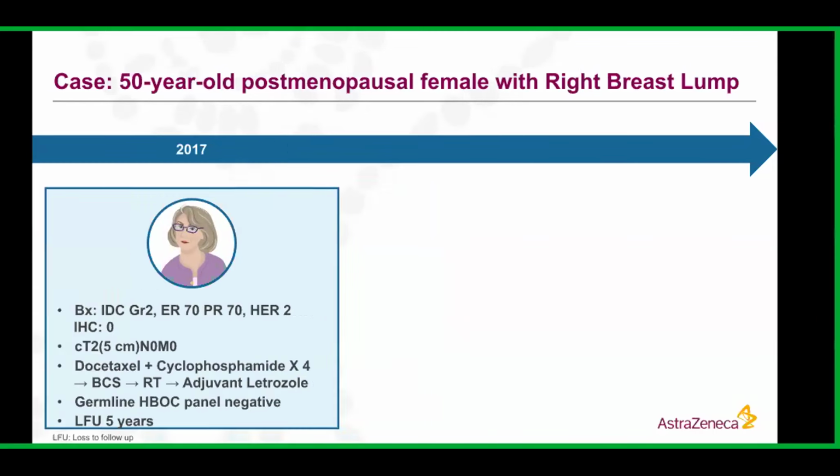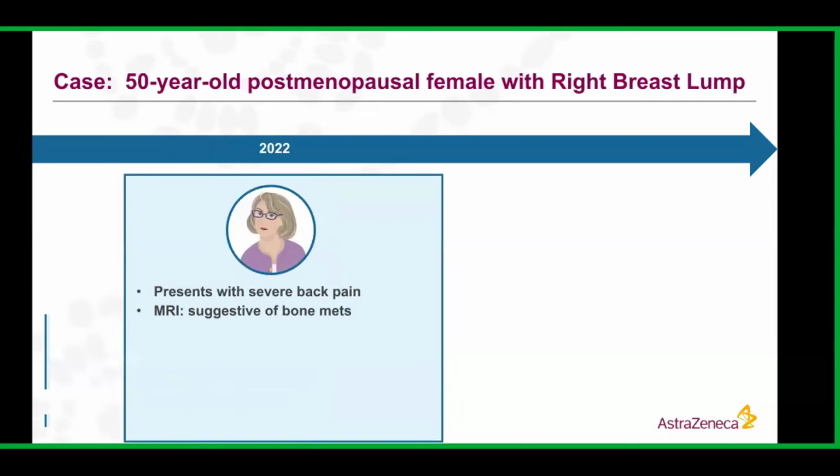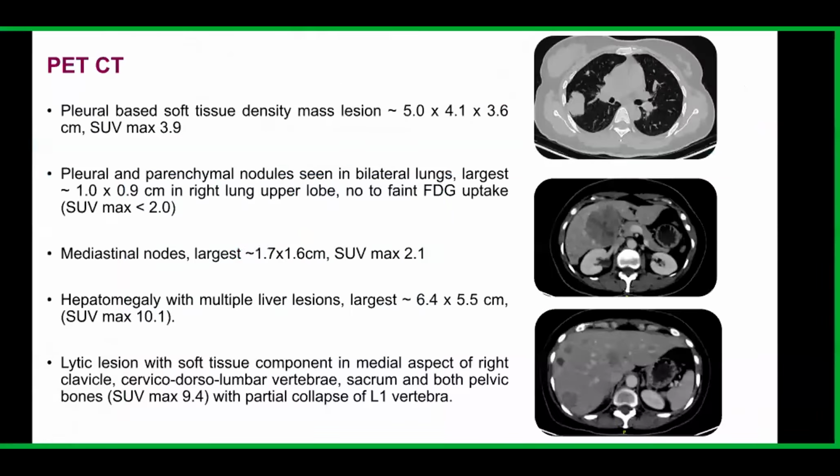So this was in 2017. In 2022, she had severe back pain, and MRI was suggestive of bone metastasis. This is what we generally expect in a hormone receptor positive disease, getting a bone metastasis after 5 years of therapy. This is her PET scan.